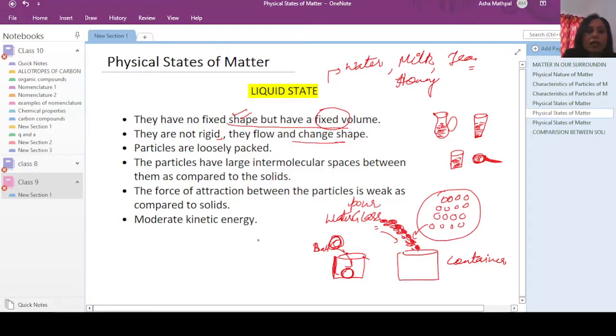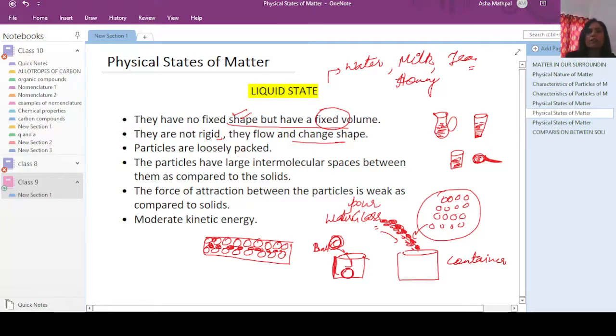When a liquid is observed under the microscope, you will be seeing that the particles are packed together, but there are spaces between them. Like this. These spaces are of course fixed. They have got much more spaces between the particle as compared to the solid. And since they are having spaces between them, it means what?